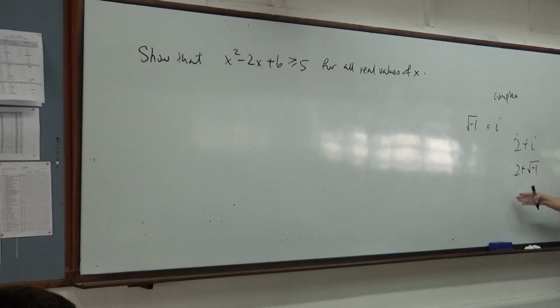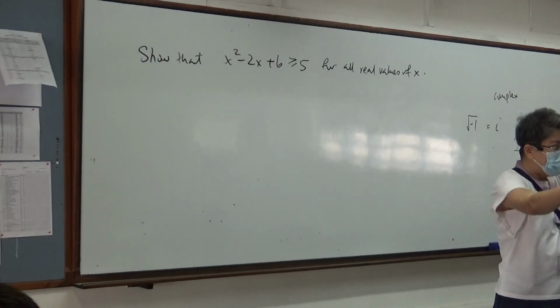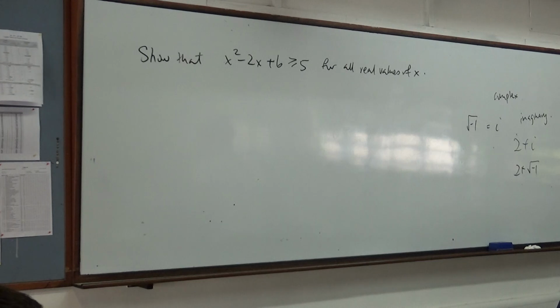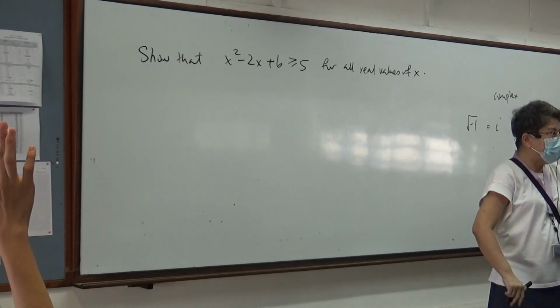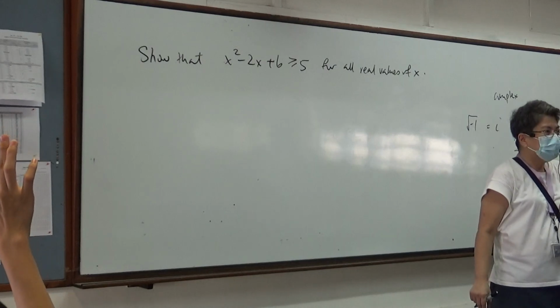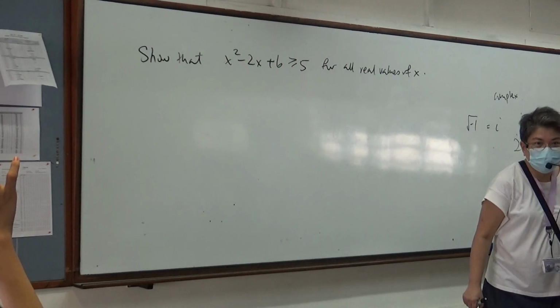It's a combination of real and unreal. So this is actually called imaginary numbers. Please don't confuse yourself. Everything to you is real. Understand? The unreal one, leave it to me. You go to JC, then you talk about the unreal or imaginary ones. Now everything is real. Real number. Understand? Yes?